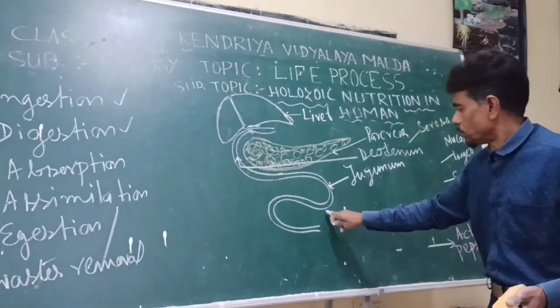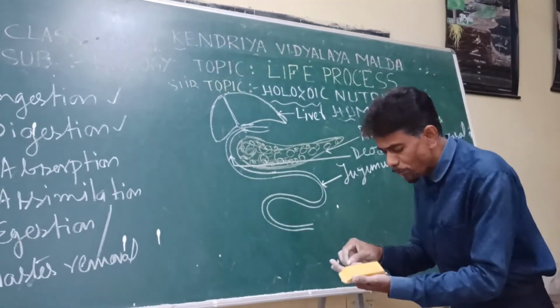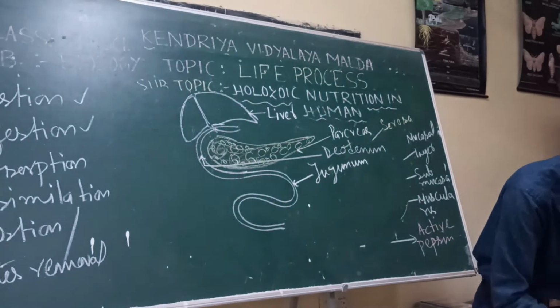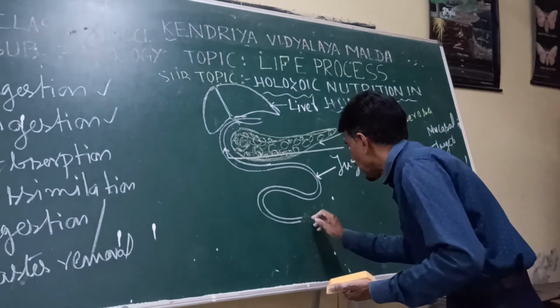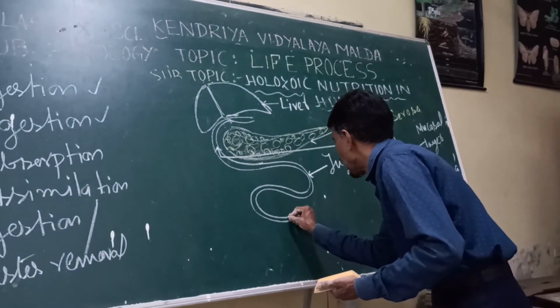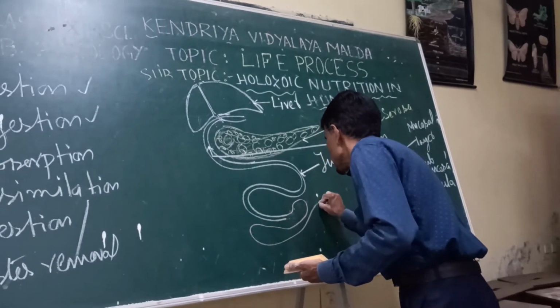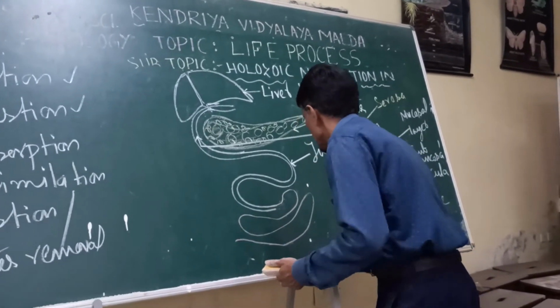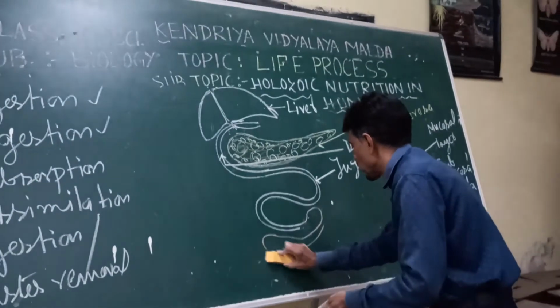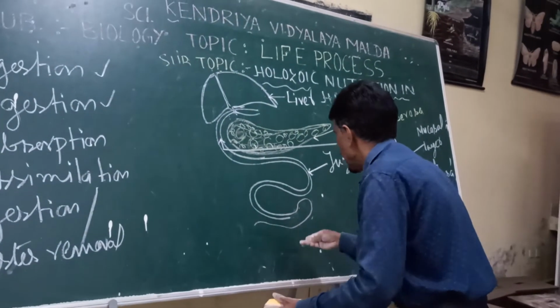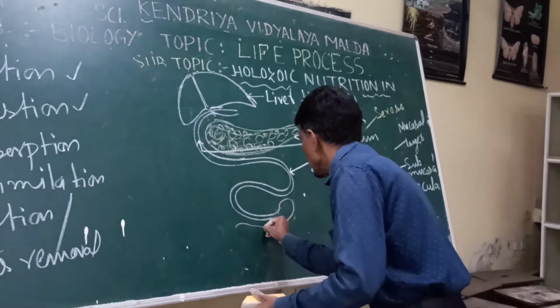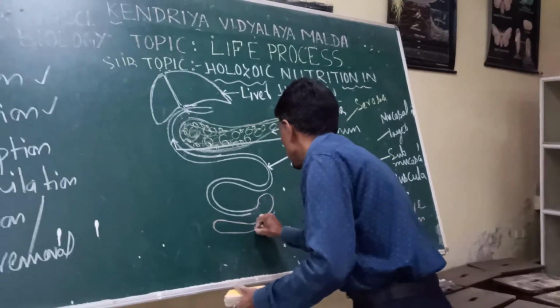Second part, jejunum, and jejunum further, if I use some other color of chalk, becomes a very highly coiled structure. Very highly coiled structure. Within a narrow space, it accommodates itself.